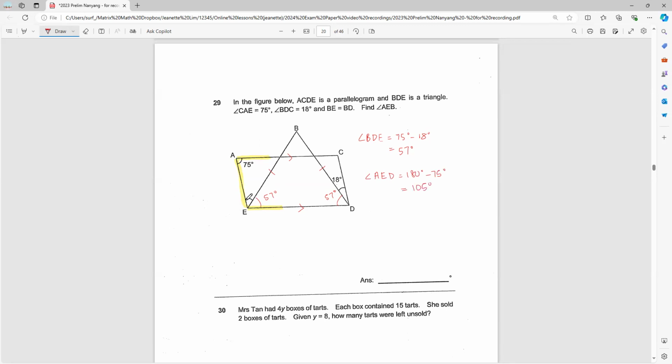Now to find AEB, which is what we want, is 105 minus 57 degrees, which is 48 degrees. Okay, so that answer is 48 degrees.